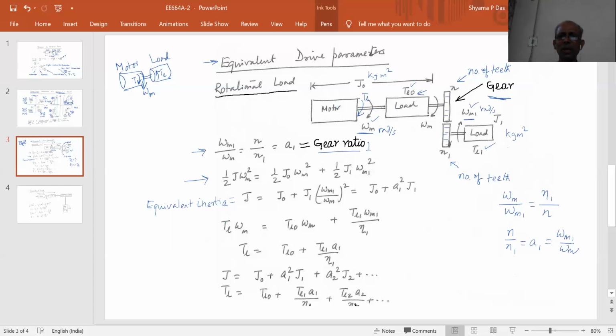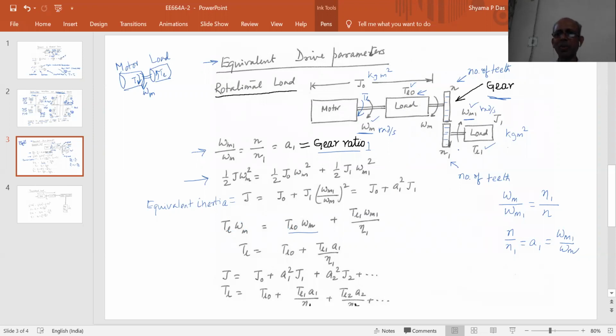The power supplied by the motor is the product of speed and torque. TL into omega m equals the power of the zeroth load, which is directly connected. When there is a direct coupling, there is no gear, so the coupling is 100%. The total power given by the motor is the power of the zeroth load plus the power of the first load.